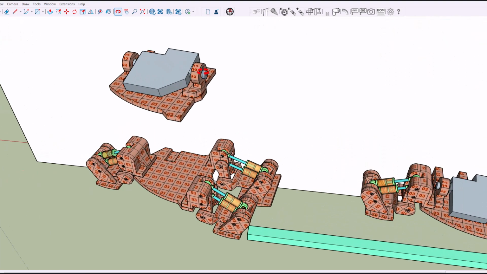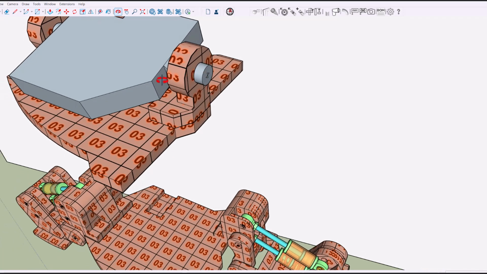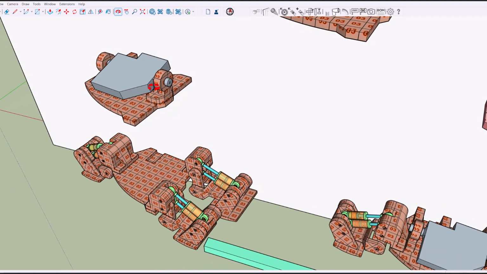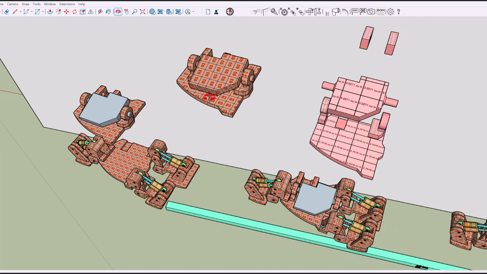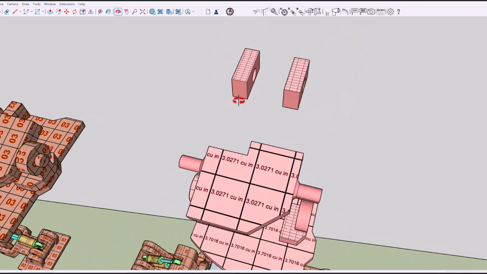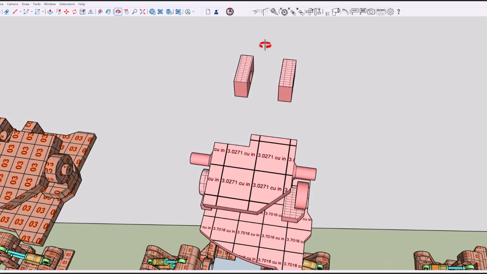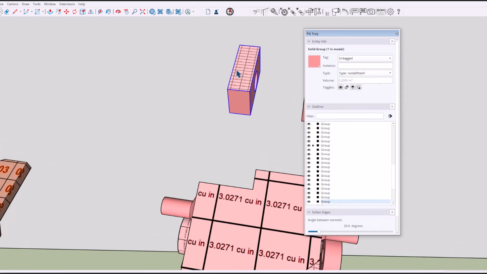You can see that the foot section everts and inverts off of this shaft right here. And this is some of the parts and the cubic inches of the part. SketchUp shows you it's 0.2095 cubic inches.